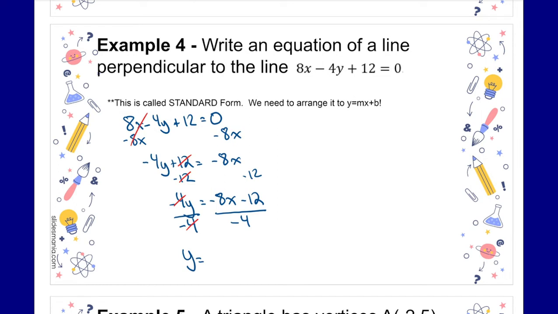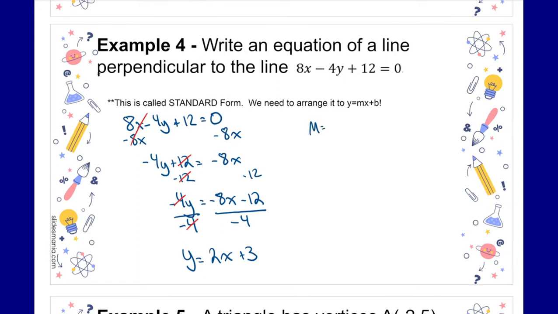And on the other side, -8x divided by -4 is 2x. And remember, everything is divided by -4. So -12 divided by -4 is +3. So this is the equation of a line that we are given. So we haven't answered the question yet because we want to come up with a line that is perpendicular to this.